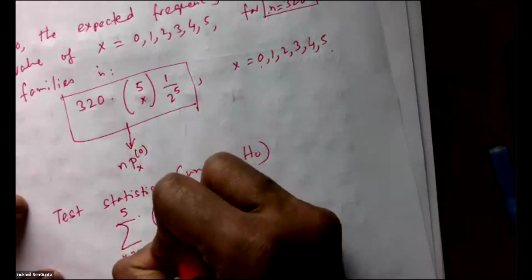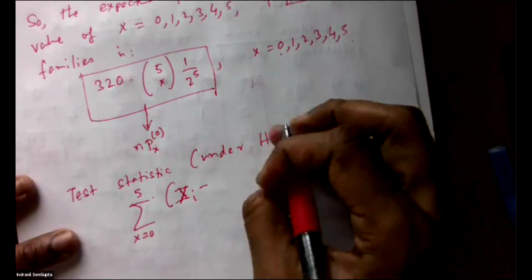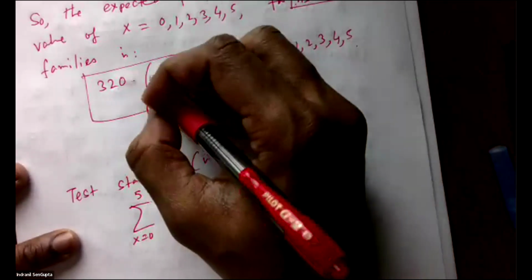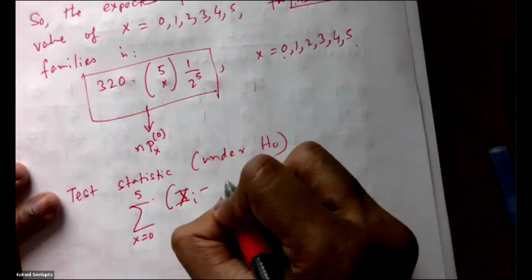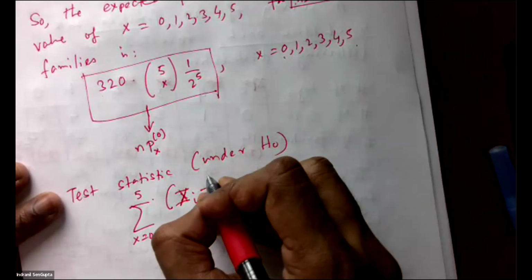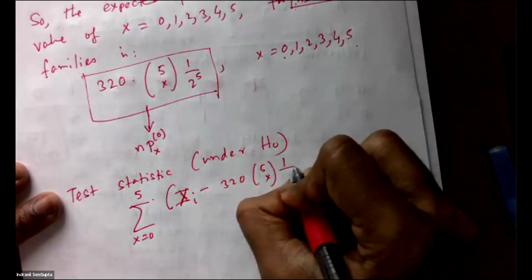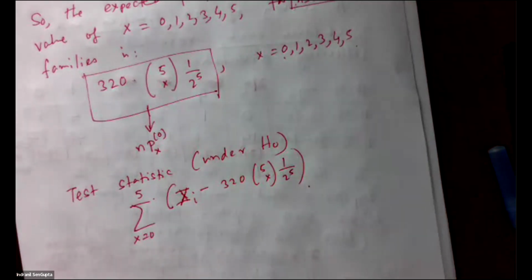Now let's use it here. So now I have a notation for this one. So Xi minus, we have already computed the expected values, which are 320 times 5 choose x, 1 over 2 to the 5.